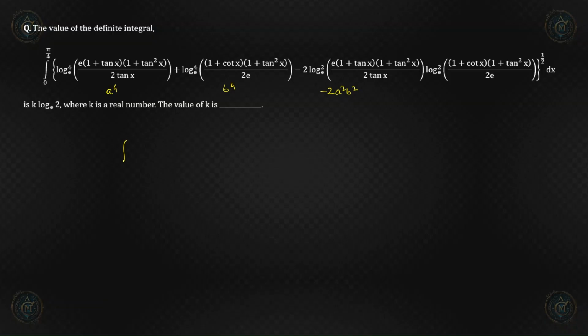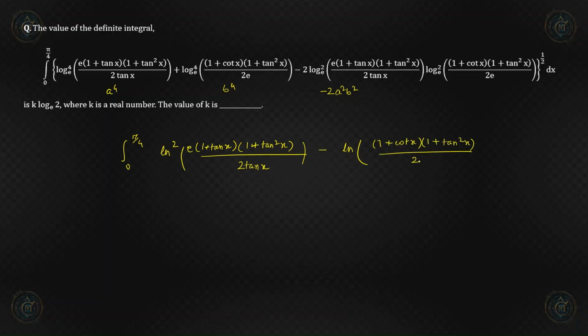So we can simplify this as the integral from 0 to pi by 4 of log of e into 1 plus tan x times 1 plus tan square x divided by 2 tan x, this squared, minus log of 1 plus cot x times 1 plus tan square x divided by 2e, this squared, and this whole square into half.